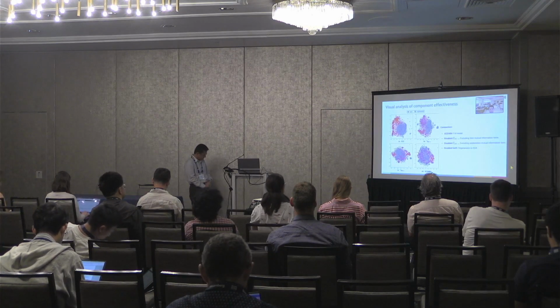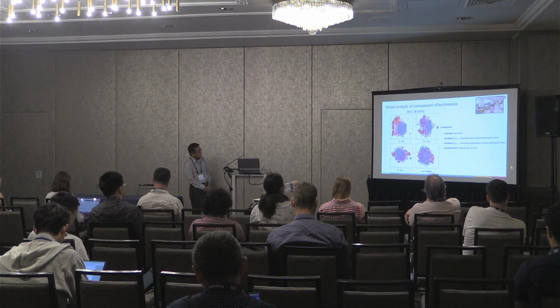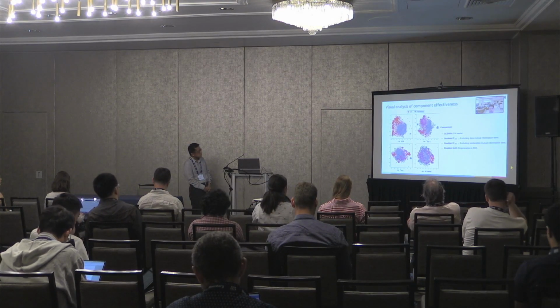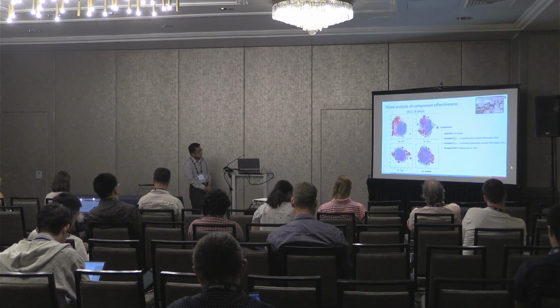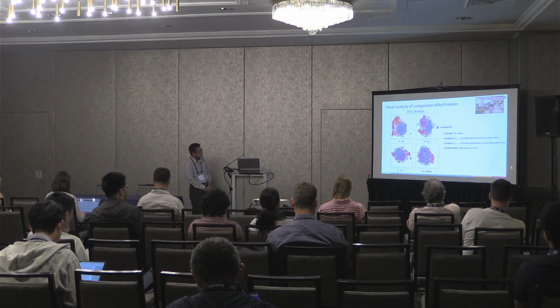We conducted a visual analysis to understand the impact of different components. When the model degenerates to SCE, corresponding to the upper leftmost figure, there is some overlap between the items and their associated explanation representations, but they remain largely separate.